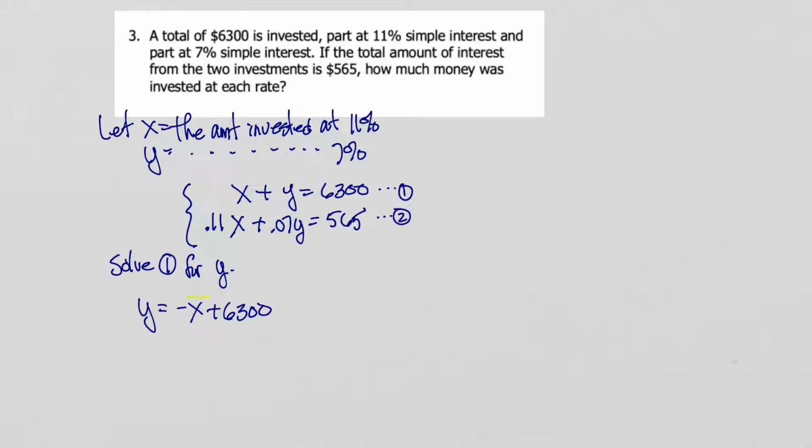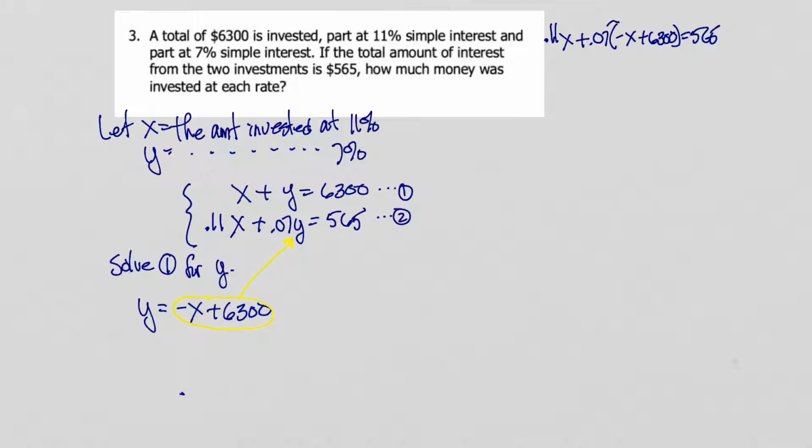Now, take this negative x plus 6,300 and put it into y in the second equation. Let's see what we get. This will give us 0.11x plus 0.07 times y, but y is negative x plus 6,300, and that's all equal to 565.